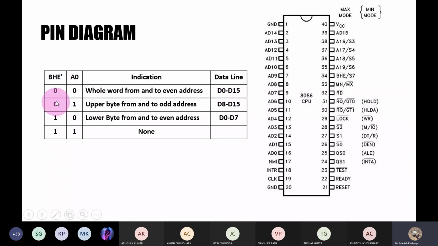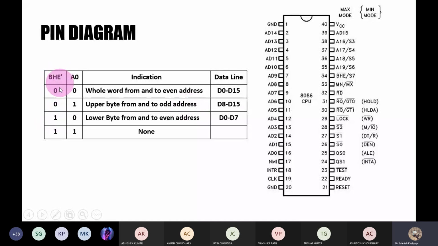Now, if bus high enable is activated but you have an odd address, then the upper byte from and to the odd address will be read. Only the upper byte portion will be read, since you will only be accessing the upper byte from and to the odd address.